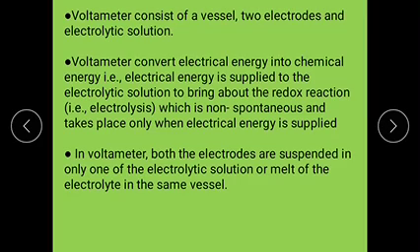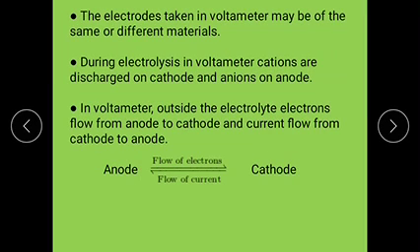That takes place non-spontaneously, because the reactions take place at the electrodes only when electrical energy is supplied. In a voltameter, both the electrodes are suspended in only one type of electrolytic solution in the same vessel. The electrodes may be the same or different materials.